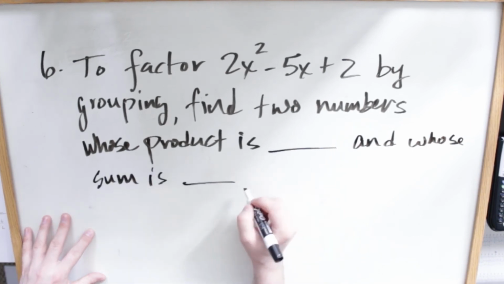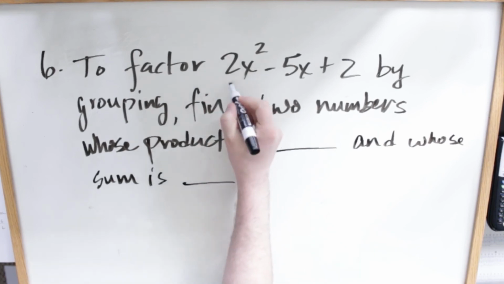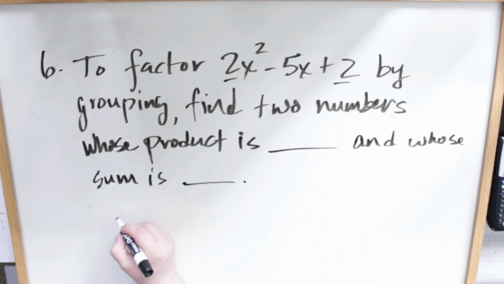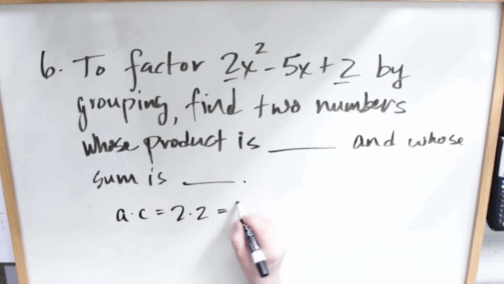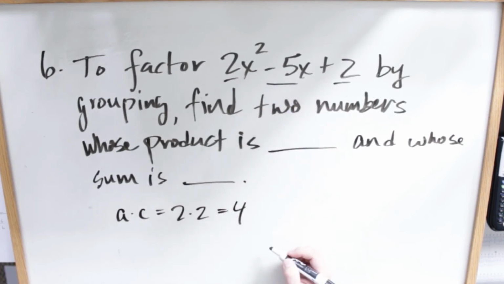Okay? So what we're going to do is look at the A term times the C term. So the product is going to be A times C, which is equal to 2 times 2. So that equals 4. And the sum, what we want the sum to ultimately work out to be, is that guy, the minus 5.